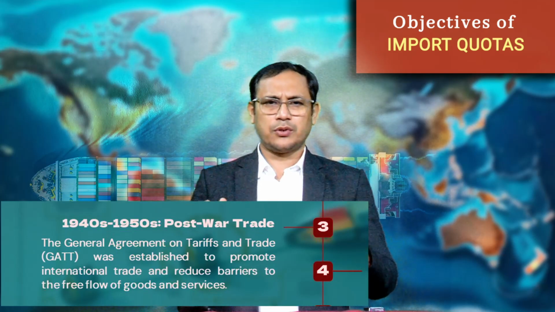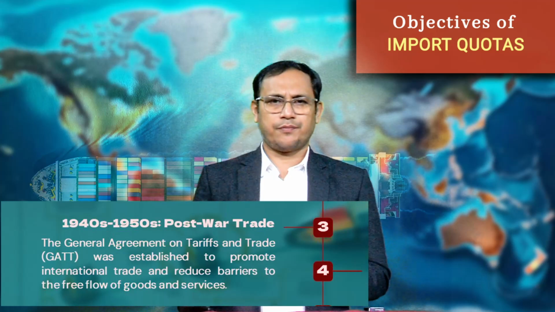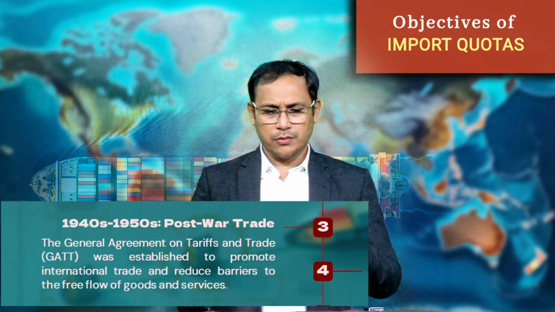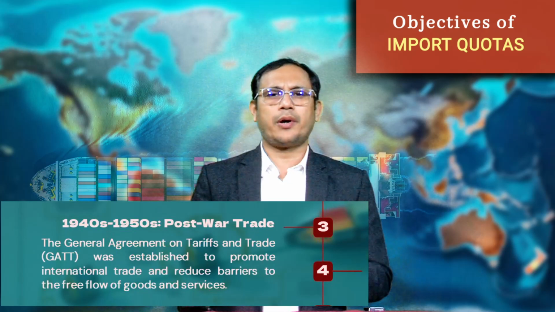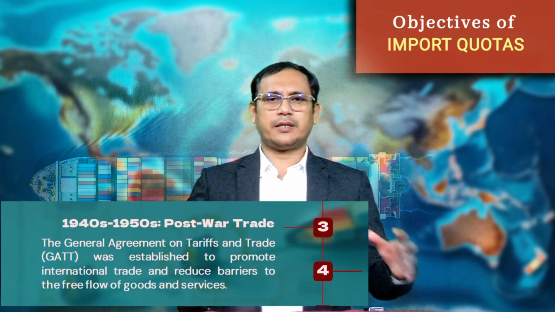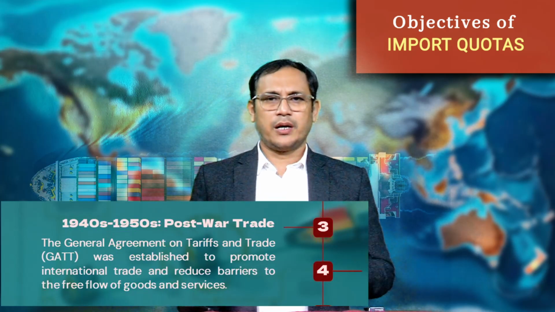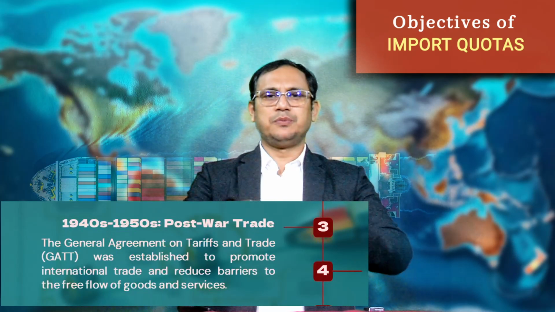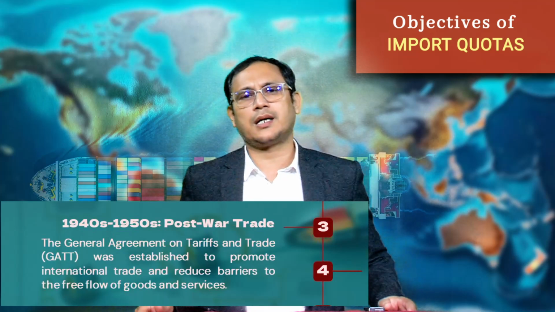There should be free trade with minimal or no restriction in terms of tariff and non-tariff barriers, which will ultimately lead to the gains from trade being distributed among different countries, and all the countries will benefit.